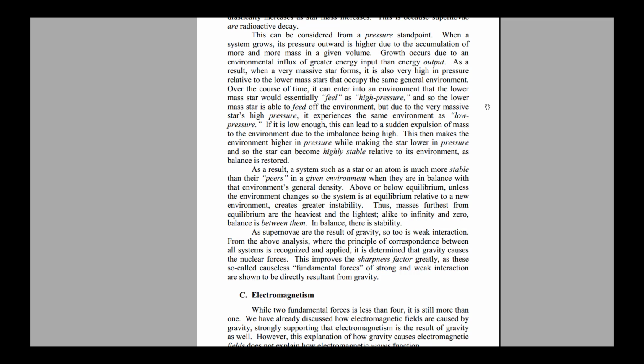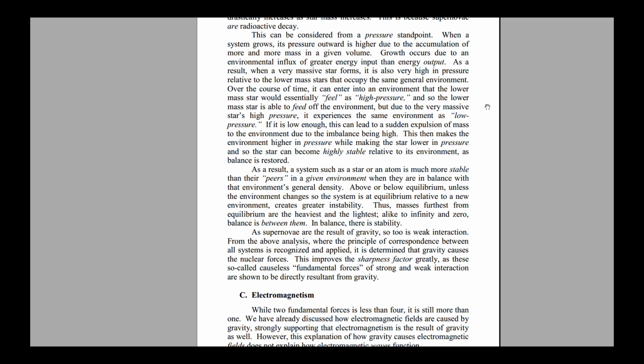If it is low enough, this can lead to a sudden expulsion of mass to the environment due to the imbalance being high. This then makes the environment higher in pressure while making the star lower in pressure, and so the star can become highly stable relative to its environment as balance is restored.